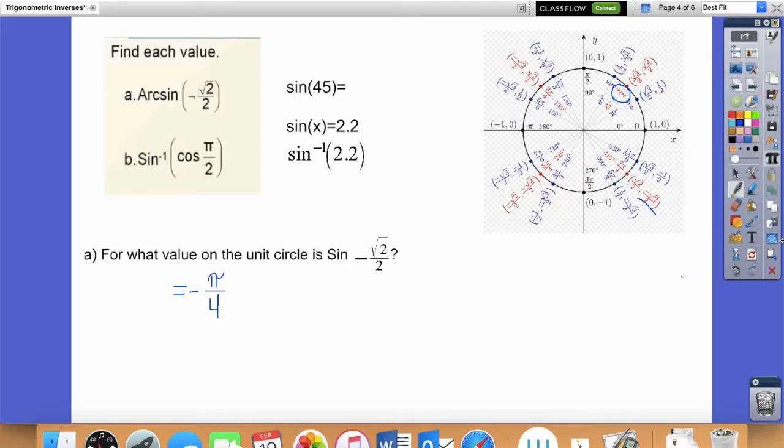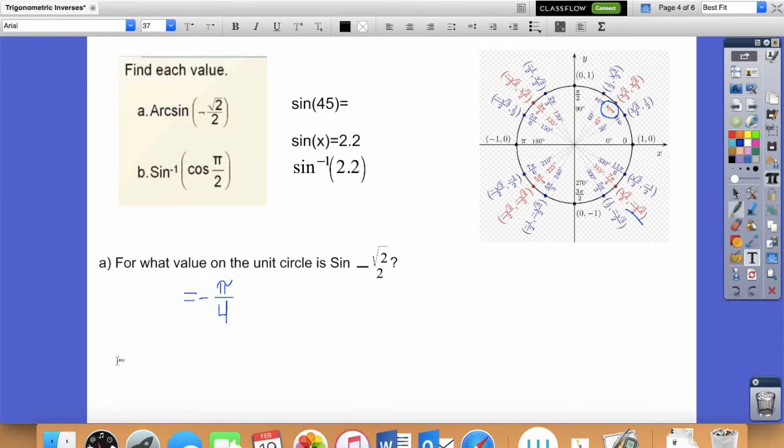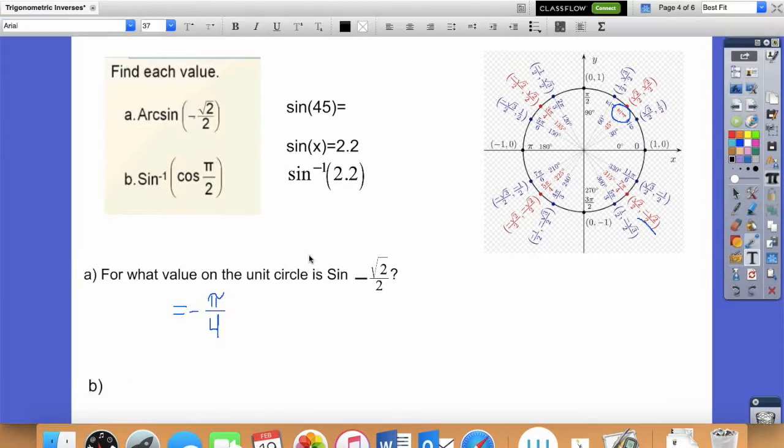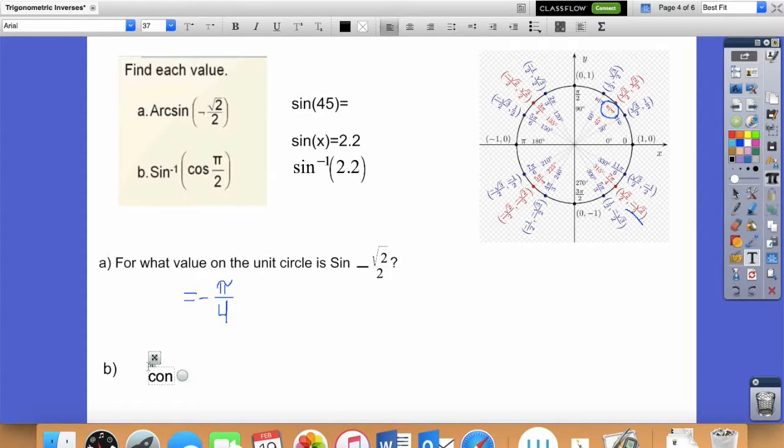So now let's look at letter B. B is basically saying the same thing. It's saying, for what value on the unit circle is the sine equal to the cosine of pi over 2? So we want to start on the inside, and first thing we want to do is find the cosine of pi over 2.